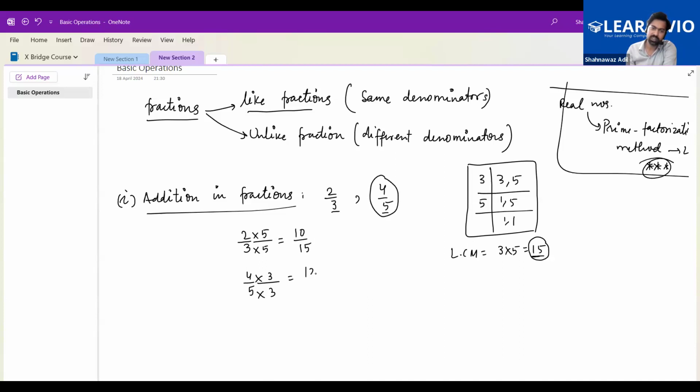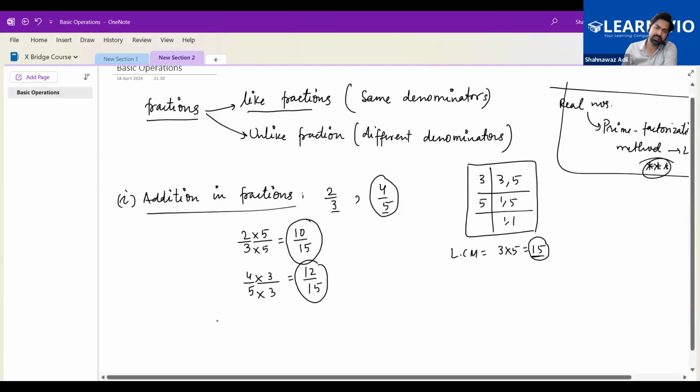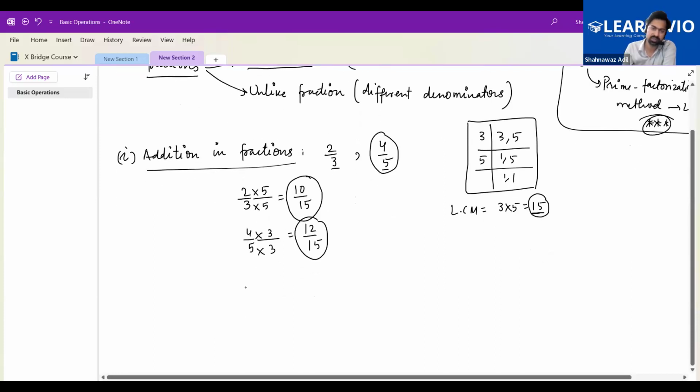So this will become 12 by 15, right? So now these are like fractions, so we can add these two quantities, and it would be how much?